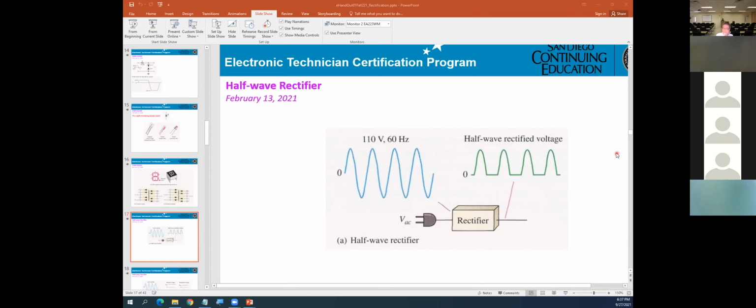Who has any idea? With a capacitor. Exactly. I can tell you, the next one will be a capacitor.